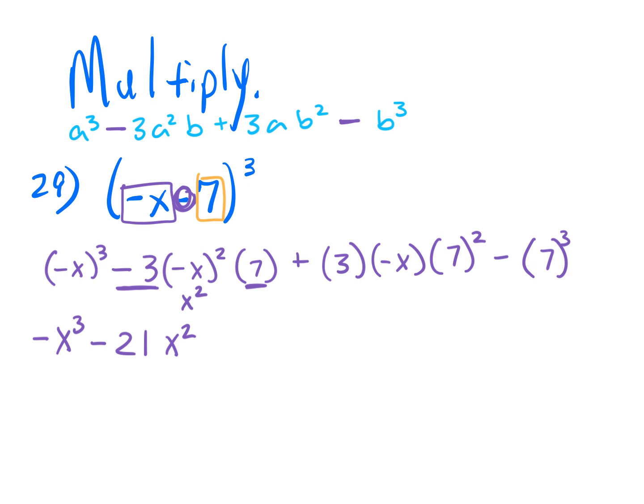Next, we have 7 squared, which is 49, and 49 times 3. Let's write it out. 147. It would be minus 147x.